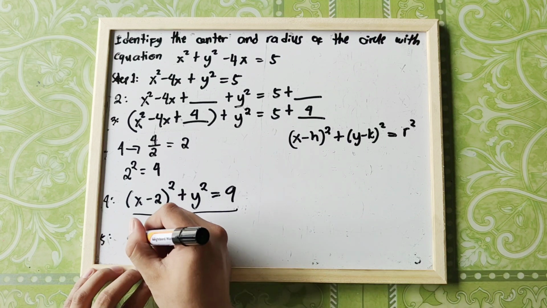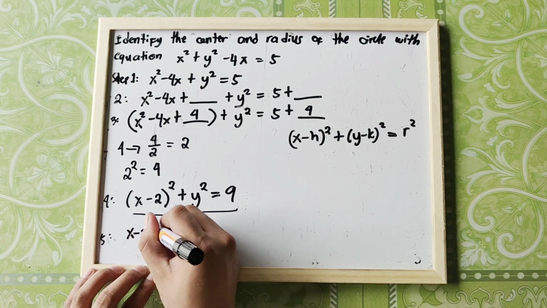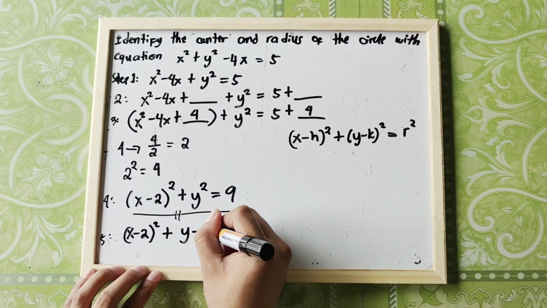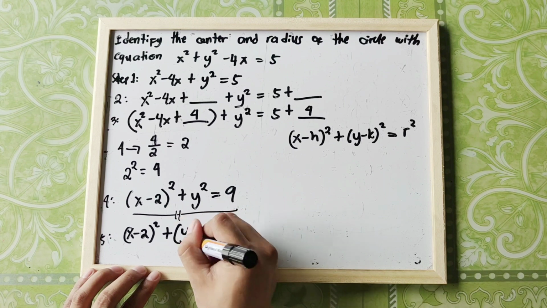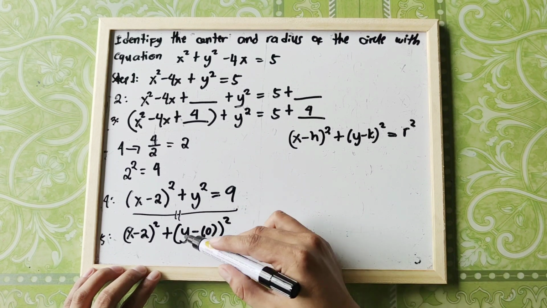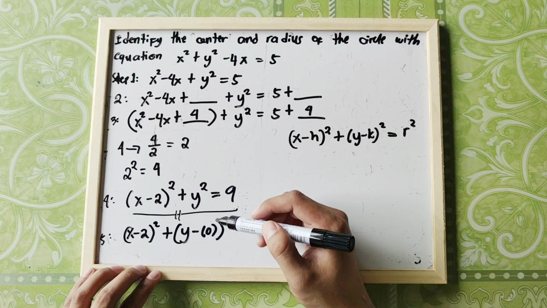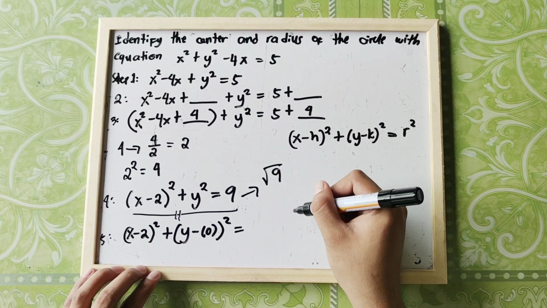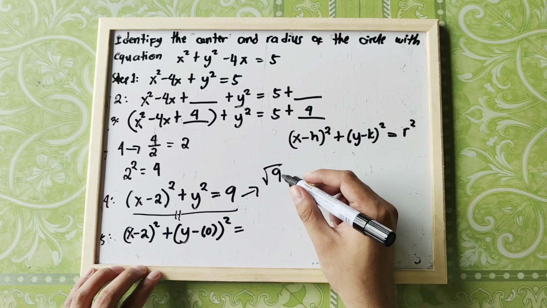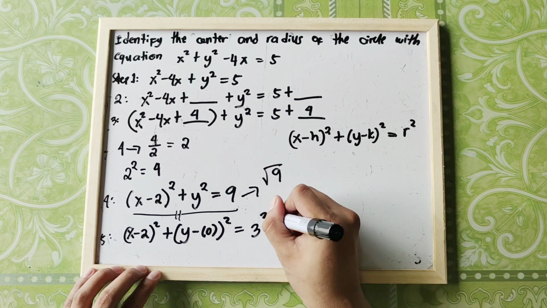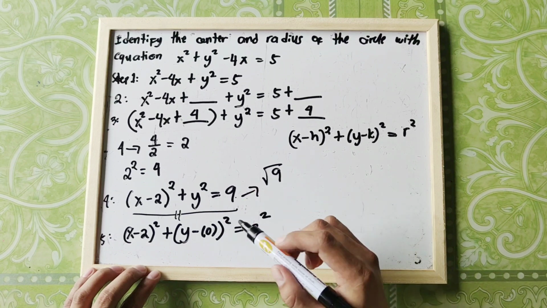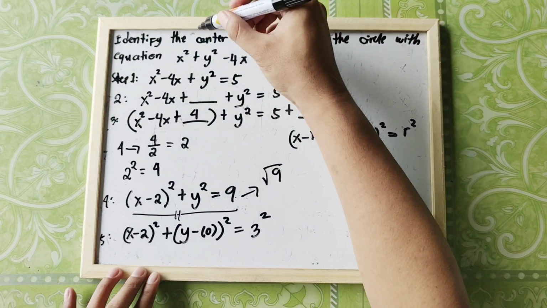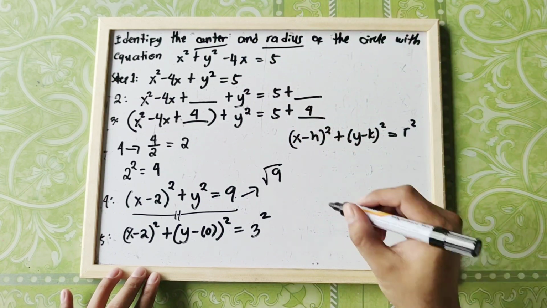So, in step 5, the quantity of (x minus 2) squared plus the quantity of (y minus 0) squared, because y minus 0 is just y, they are the same, is equal to the square root of 9, which is 3. Why 3? 3 times 3 is 9. So 3 squared. Now, again, identify the center and the radius.